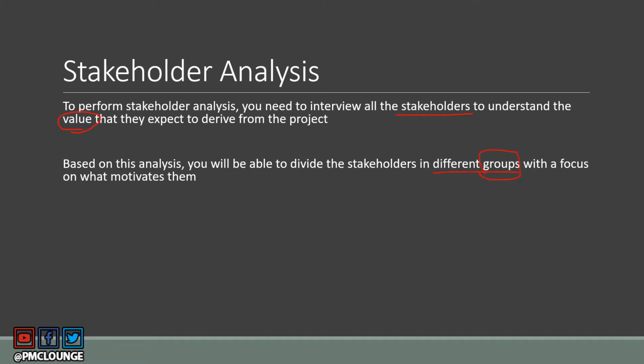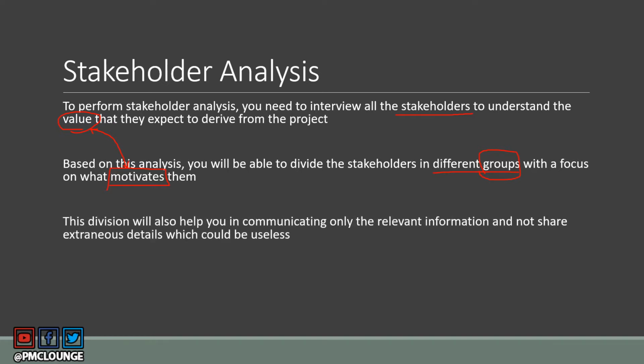When you do so, your focus should be on what motivates these stakeholders. This is obviously linked to the value that they are going to derive out of this project. Once you know what value they expect from your project, and you understand that this is the value motivating them to be a part of it, that's how you can divide them into different groups.